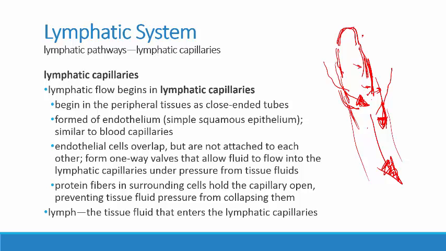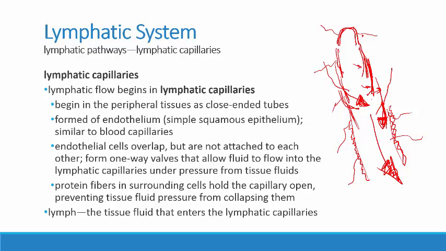So we've got these one-way valves, and the lymphatic capillaries are held open because there are protein fibers that are associated with the endothelial cells. Remember, with endothelium, we've got a little basement membrane and then a single layer of cells.